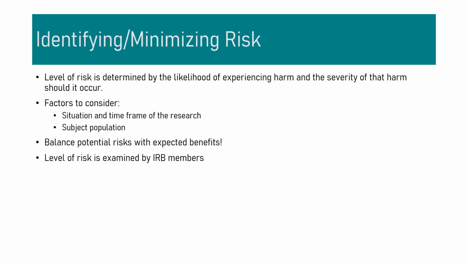Additionally, the subject population itself should be accounted for, such as vulnerable or underserved populations who are at a higher risk. Therefore, the goal of a study should be to balance the potential risks with the expected benefits of that information learned.